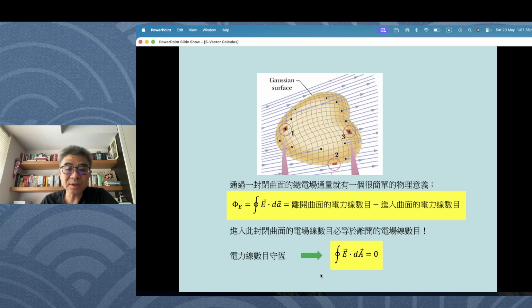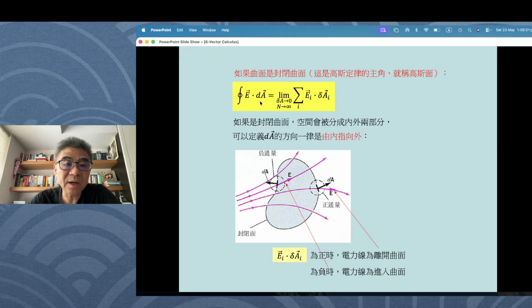So to sum up everything together, when I calculate the total, I can define the total electric flux through a closed surface. The total flux through a closed surface is defined as follows: I divide this closed surface into small pieces, calculate the electric flux through every small piece, sum them up, and then take the limit n equal to infinity.